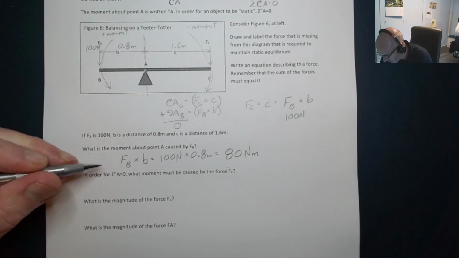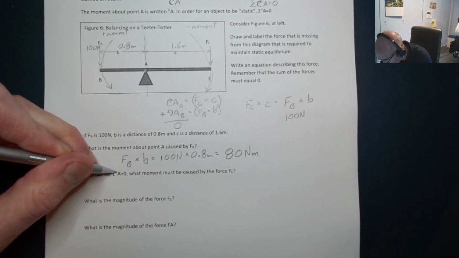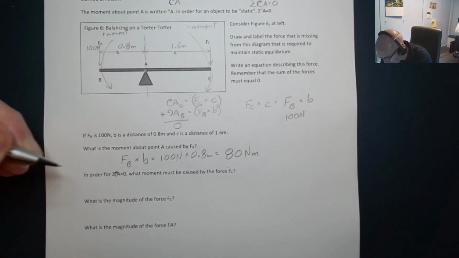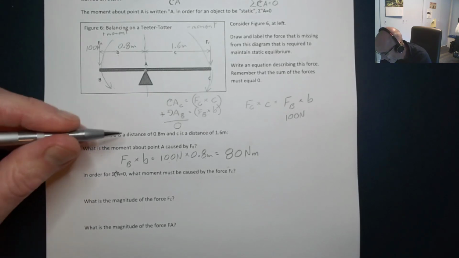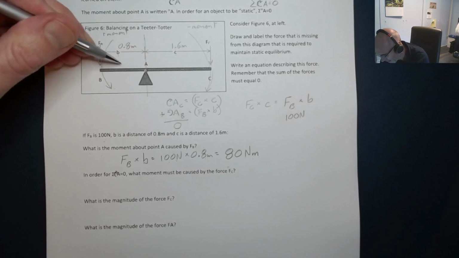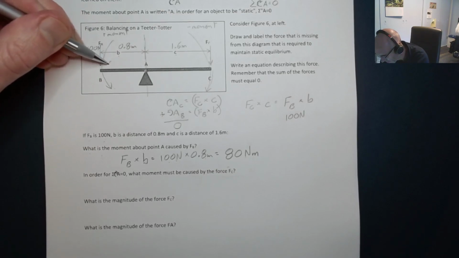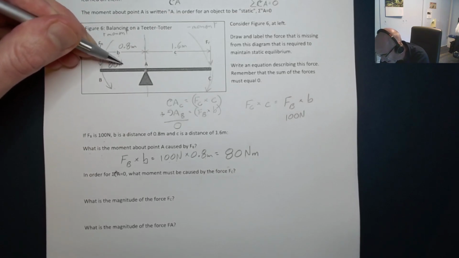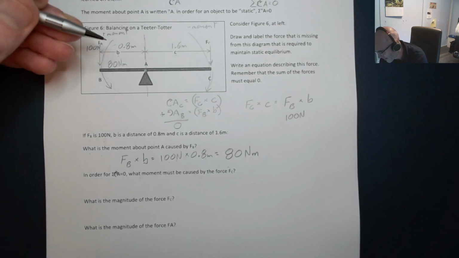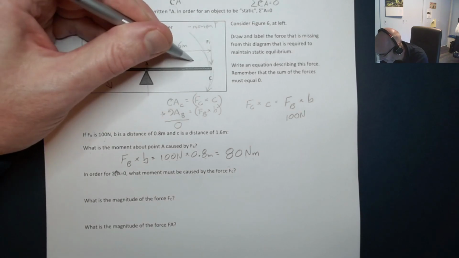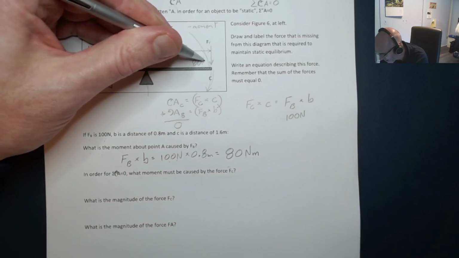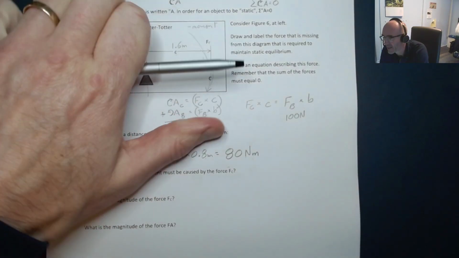Now, in order for the sum of the moments about A to equal 0, what moment must be caused by the force C? Well, if I've got 80 Newton meters acting this way, then I need this one to have 80 Newton meters acting in the other direction. Otherwise, this whole thing's going to start rotating.